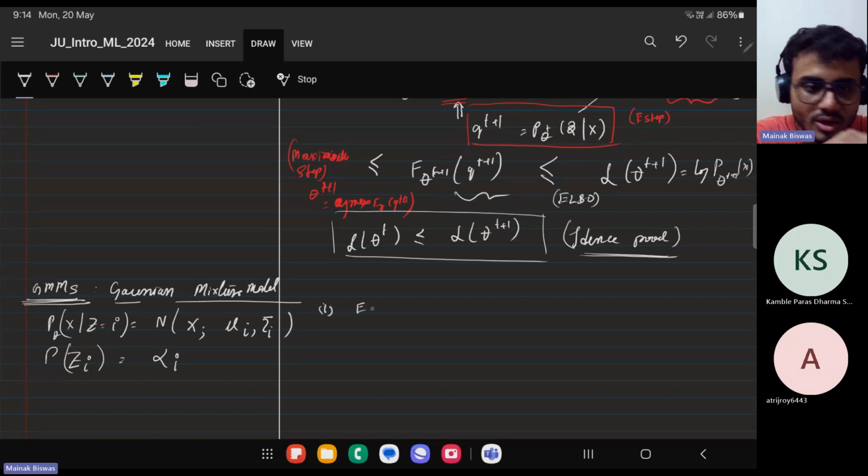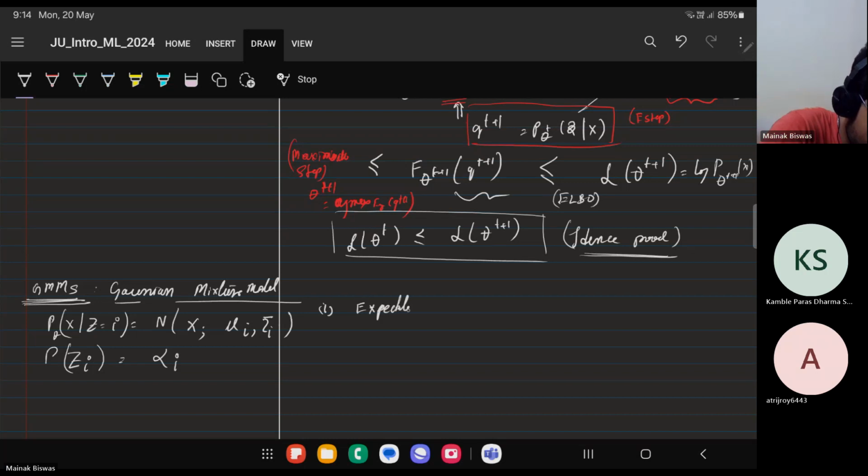So for the E step, what is it going to be? The expectation step, where you calculate the q's, right?